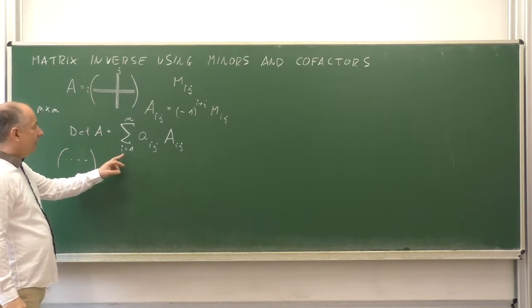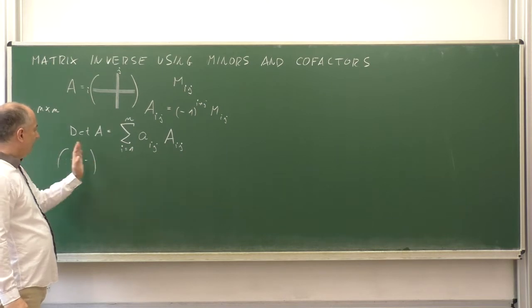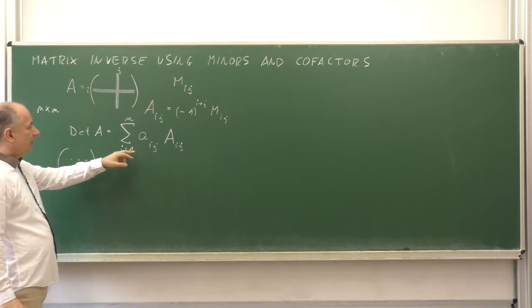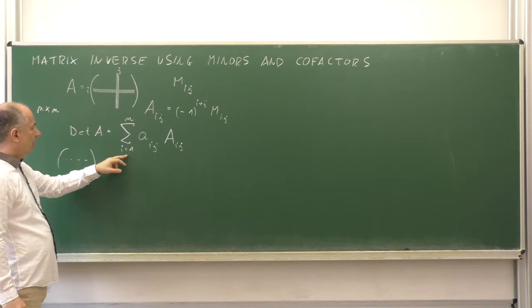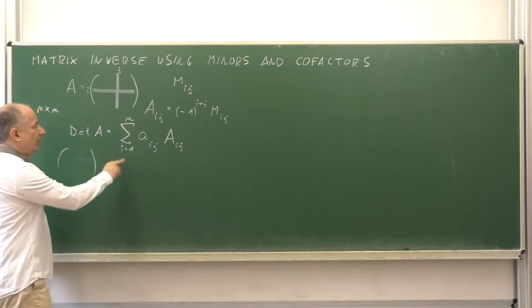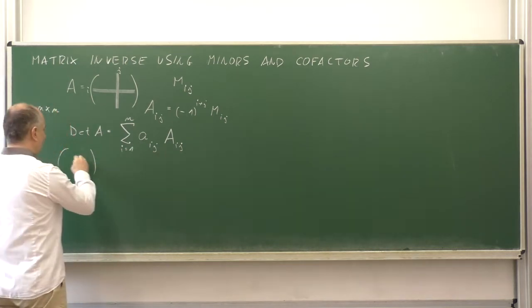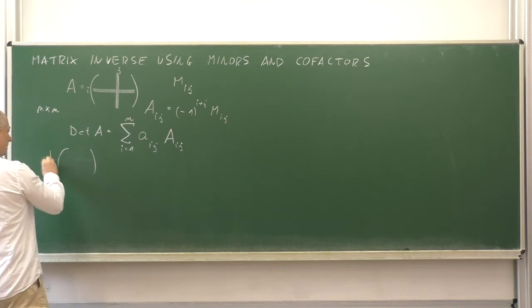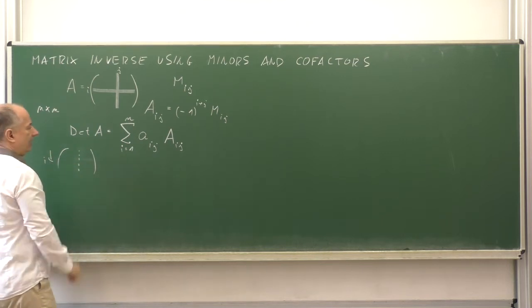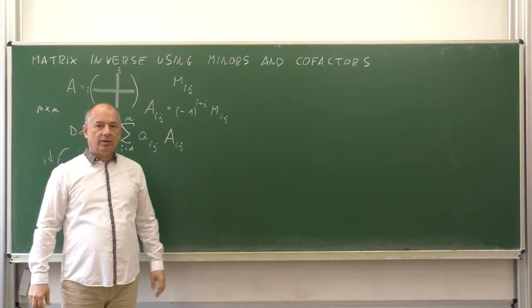Vice versa, if we fix j, then we fix the column, and when we fix i, we fix the row. When i runs from 1 to n, we expand along a given column.